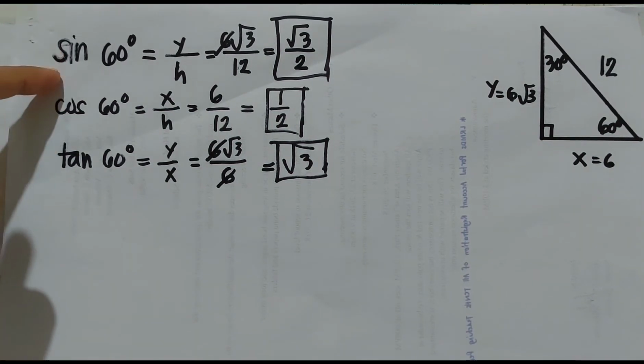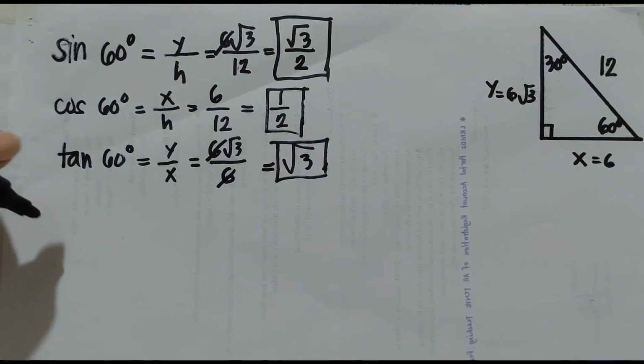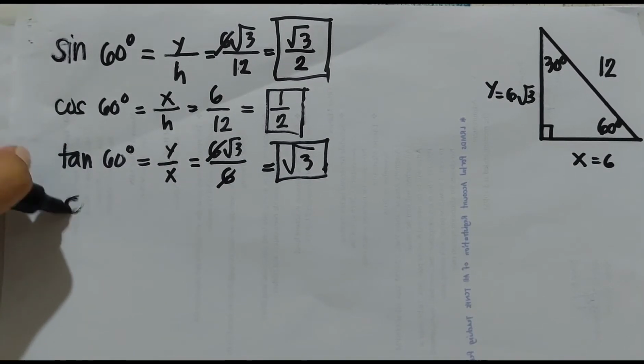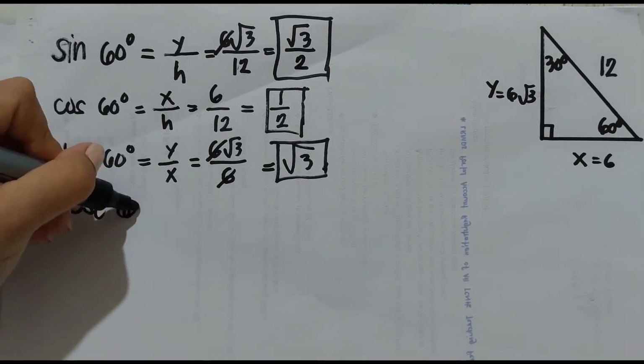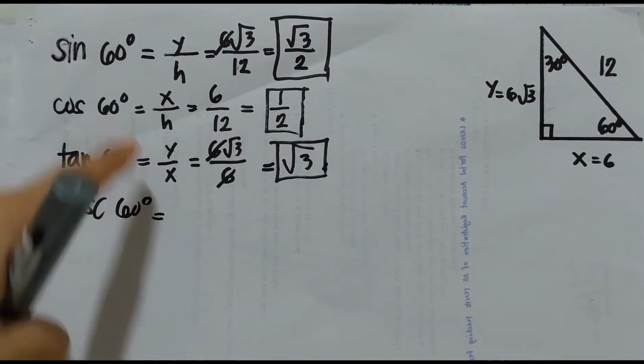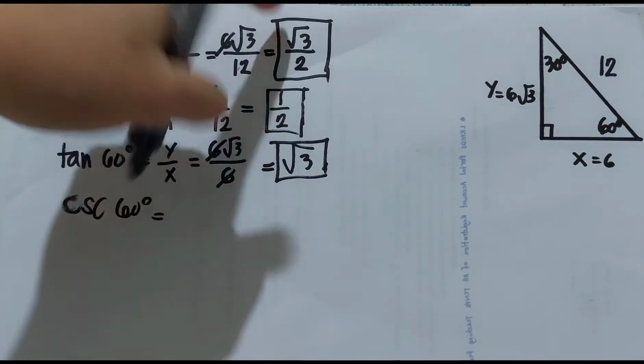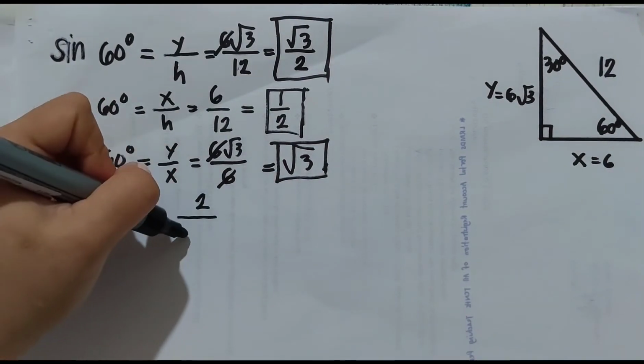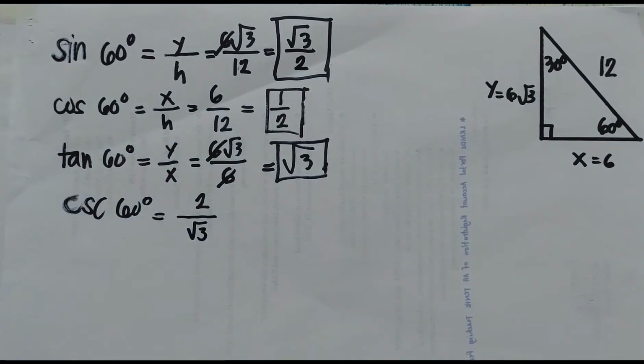What is the inverse or reciprocal of sine? So, we have the cosecant. Cosecant 60 degrees. If sine is square root of 3 over 2, then cosecant is just the reciprocal, that would be 2 over square root of 3.